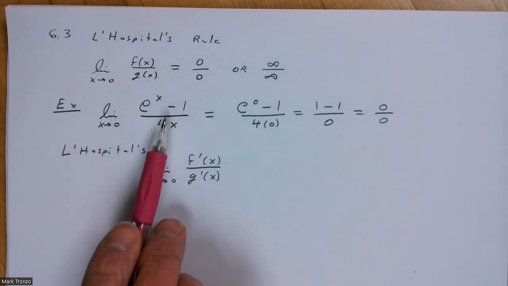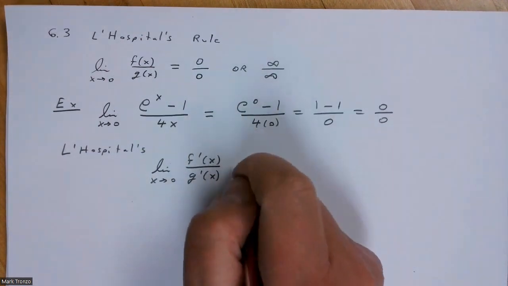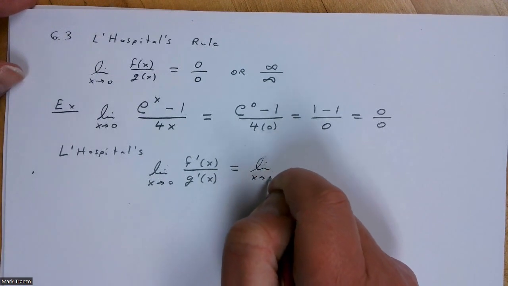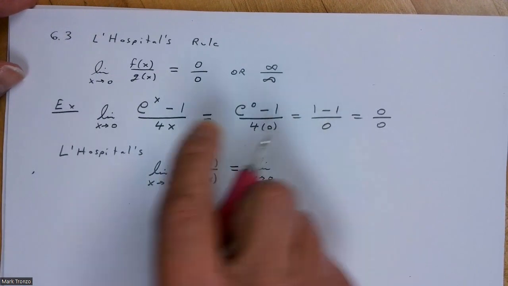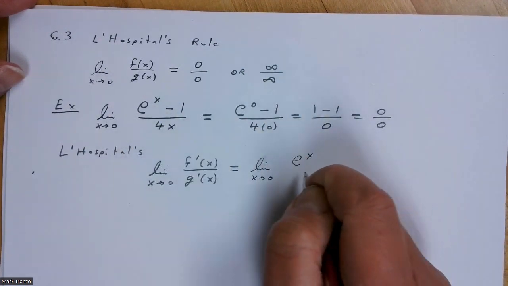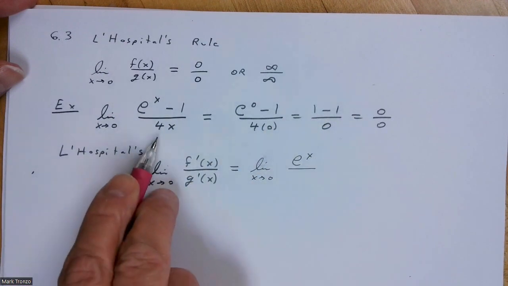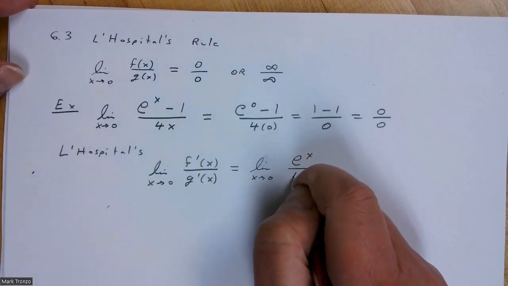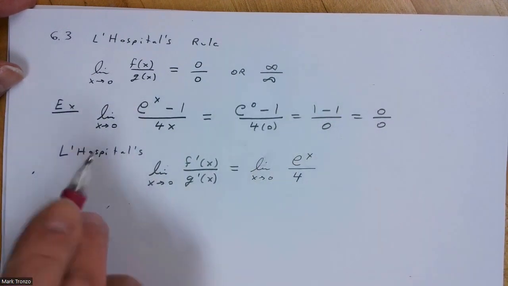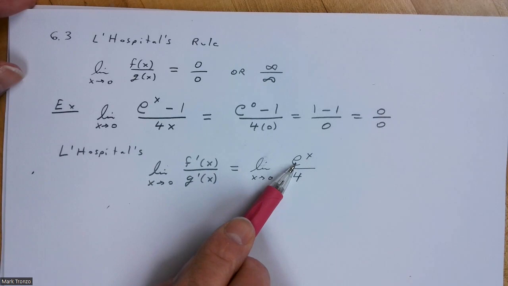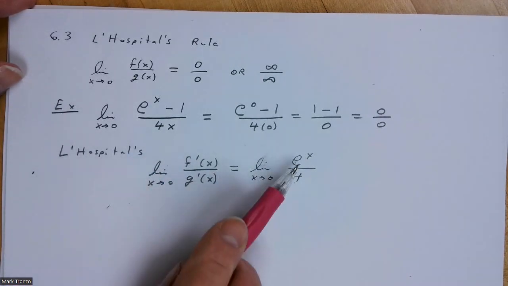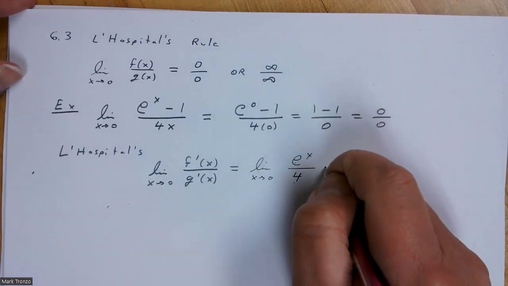And so in our case here, the limit as x approaches 0, the derivative of e to the x minus 1 is just e to the x minus 0, divided by 4. So I took the derivative of the numerator divided by the derivative of the denominator, and now put in our 0.